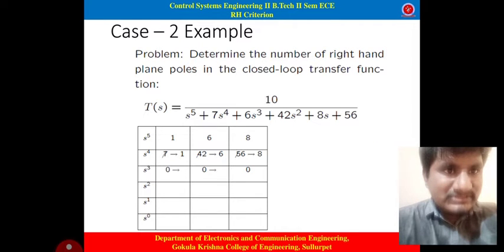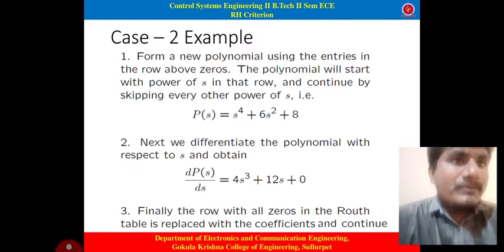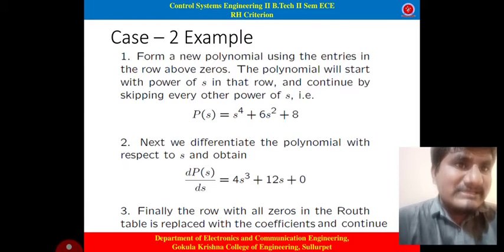So we got 1, 6, 8 as the coefficients, and the beginning term is s power 4. So we can write the equation s power 4 plus 6s square plus 8. That is the polynomial we got, p of s.